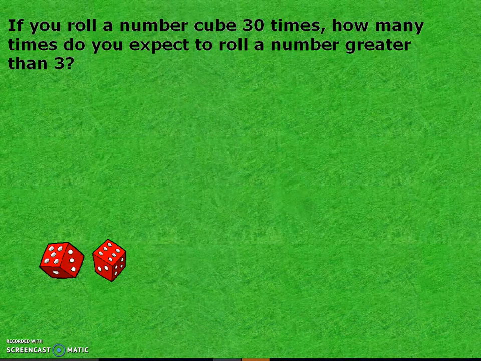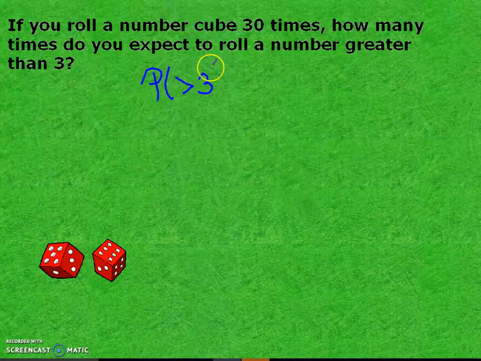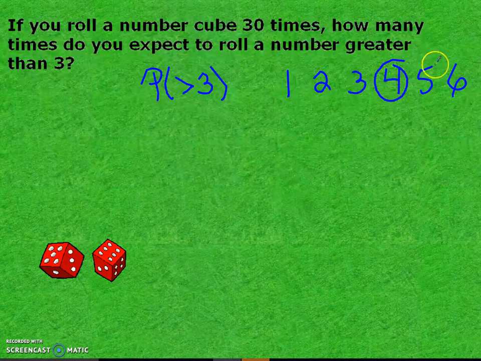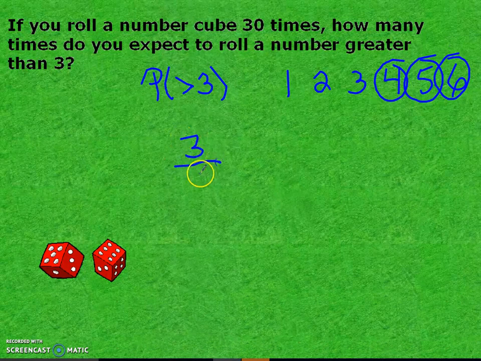Okay, if you roll a number cube 30 times, how many times do you expect to roll a number greater than 3? Same example, probability of greater than 3. Your options are 1, 2, 3, 4, 5, and 6. 4 is greater than 3, 5 is greater than 3, and 6 is greater than 3. So you have 3 out of 6, and we're predicting it to do it out of 30 times.